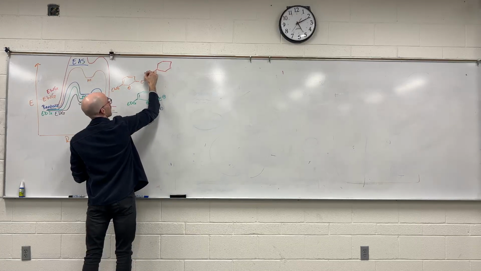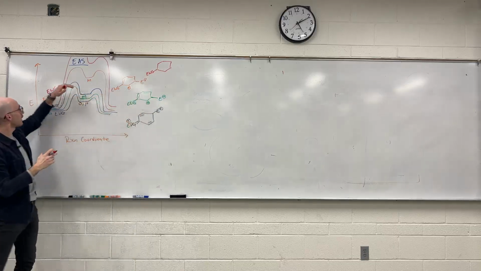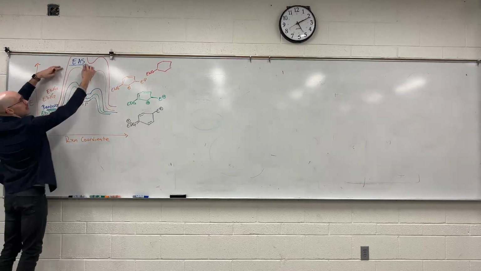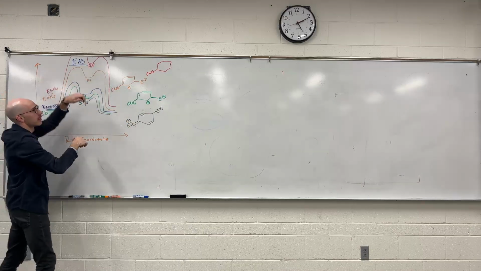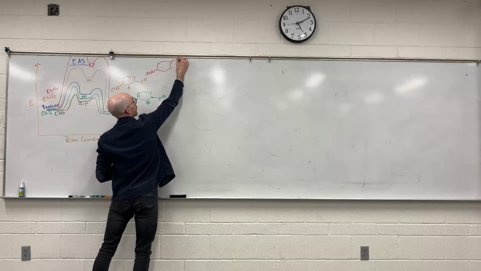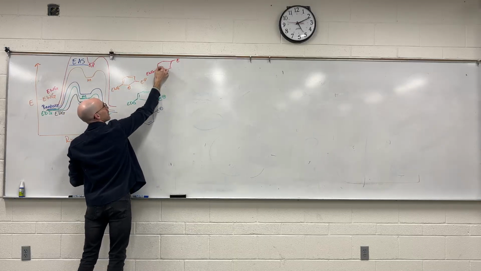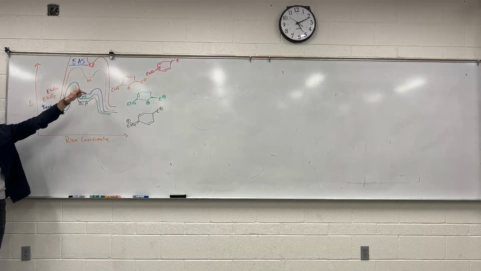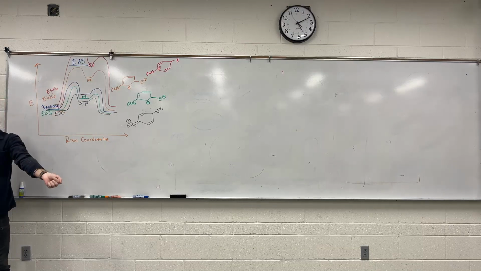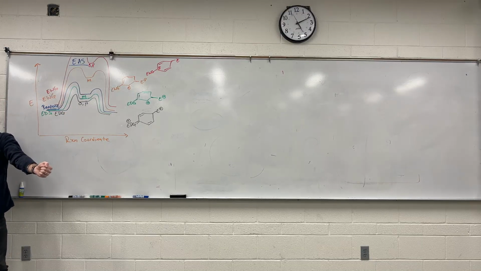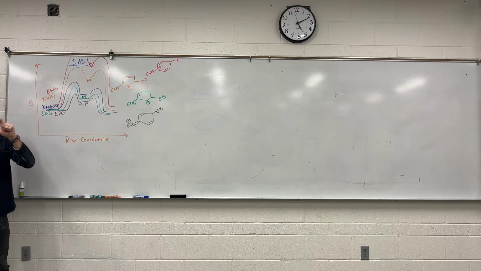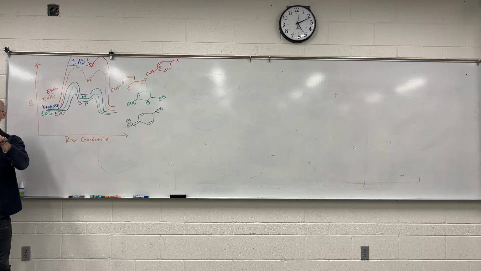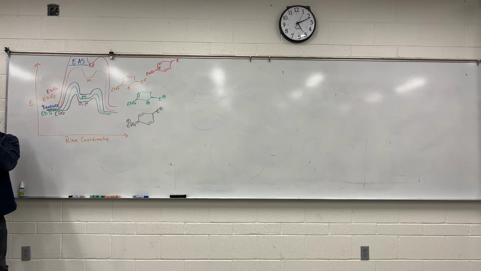The reason for that is when the electron withdrawing group is ortho or para to the new electrophile group, we end up putting this positive charge right next to the group that is already pulling electrons away. It's like taking two ends of a magnet that are the same and trying to push them together. It's very high energy. You get this bad repulsive force.